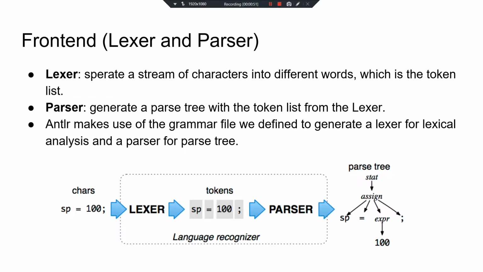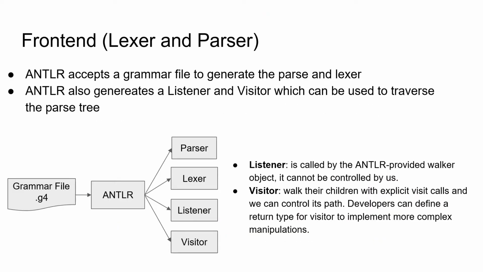The token list will be passed to the parser, and the parser will help us generate this parse tree. And ANTLR is very useful. ANTLR not only can help us get the parser and the lexer, it also provides us a listener and a visitor, which will be used to traverse the parse tree. There are a few differences between these two, and they are introduced on this slide.